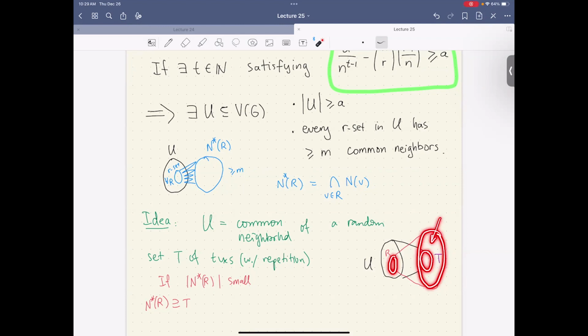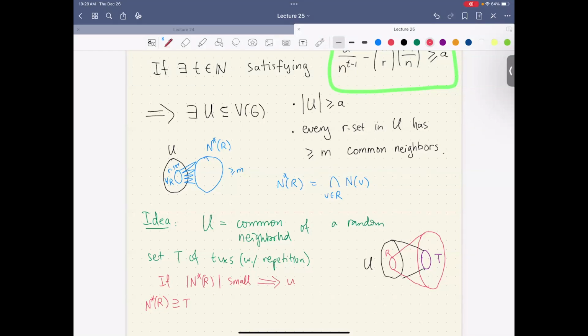So unlikely there's a bad set. In other words, the number of these bad small sets is very small. Then we can use alteration, first moment, to delete them to obtain the final set U that we want. So we have to modify them a little bit.